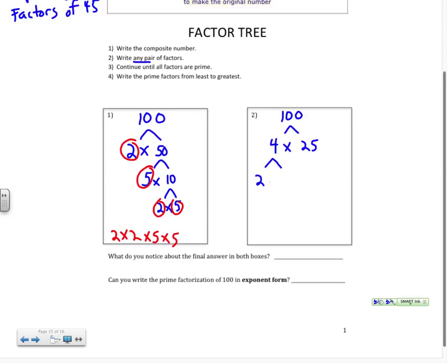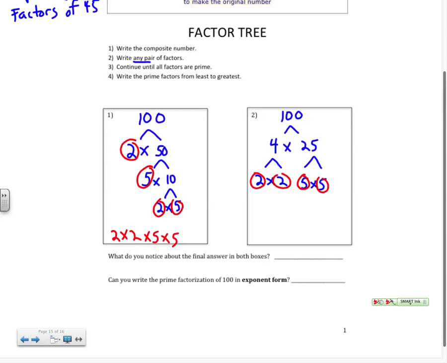So 2 times 2 is 4. Those are both prime. I'm going to circle them. How do I break up 25? 5 times 5 is 25. They're both prime. I circle them.